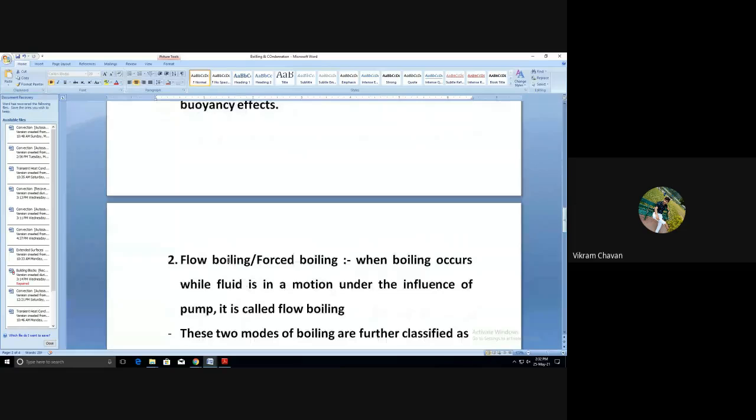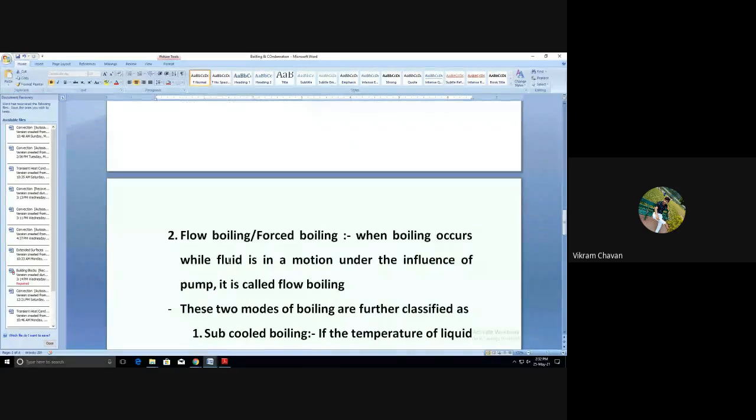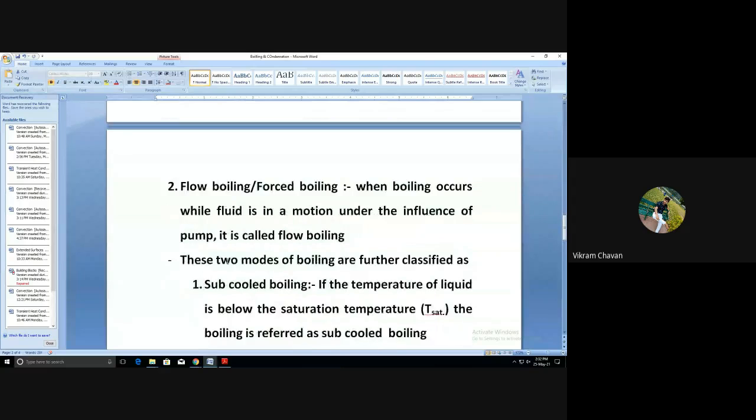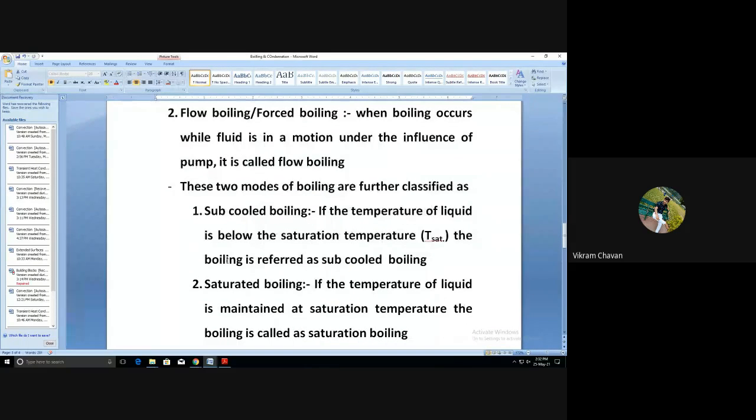Then the second classification is flow boiling, or forced boiling.